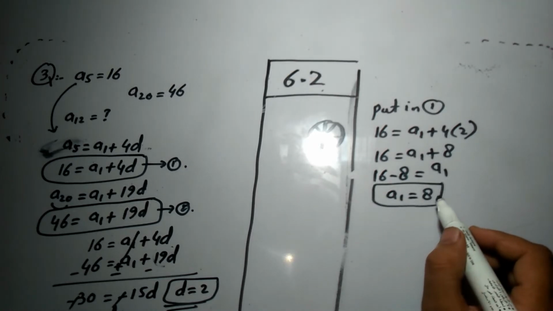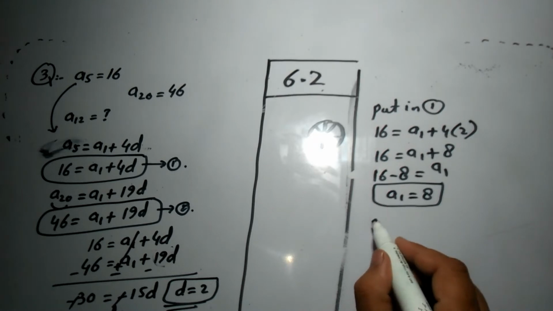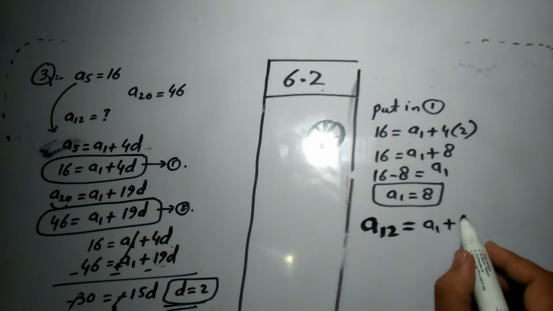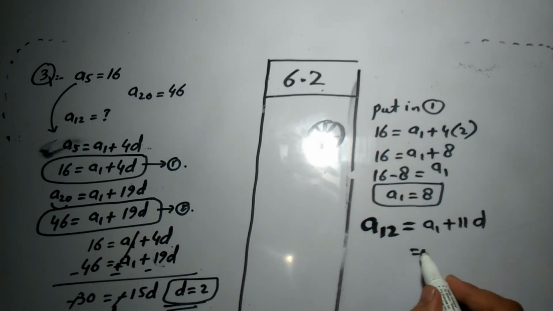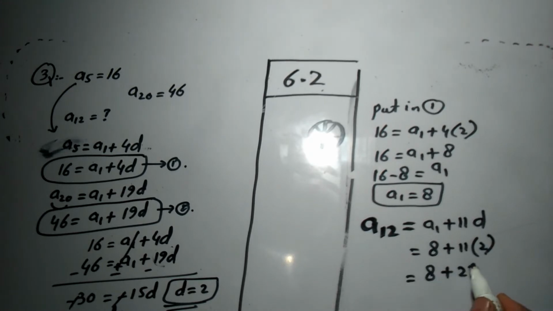So after finding the value of a1 and d is equal to 2, we have to find a12, which will be equal to a1 plus 11d. So a1 is equal to 8 plus 11, d is equal to 2. So this will be equal to 8 plus 22. So 8 plus 22 will be equal to 30. So a12 will be equal to 30.